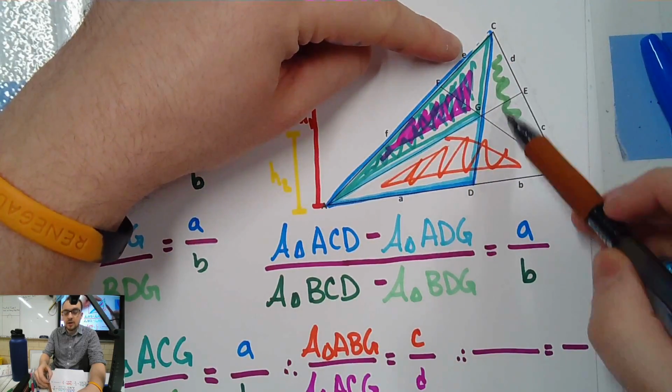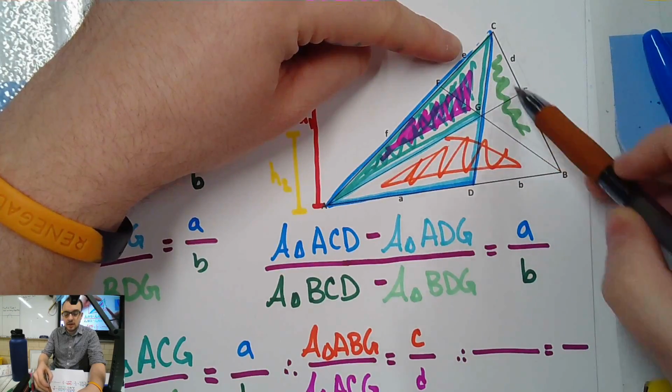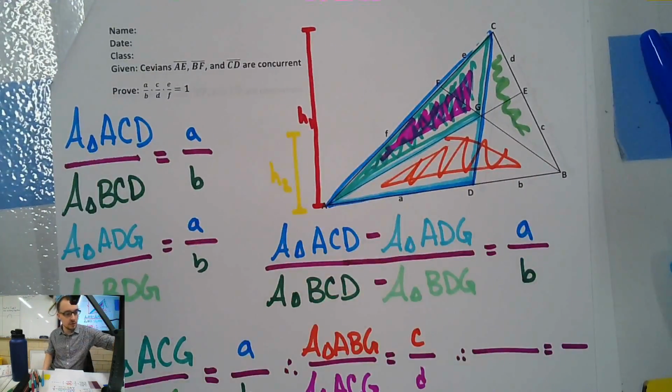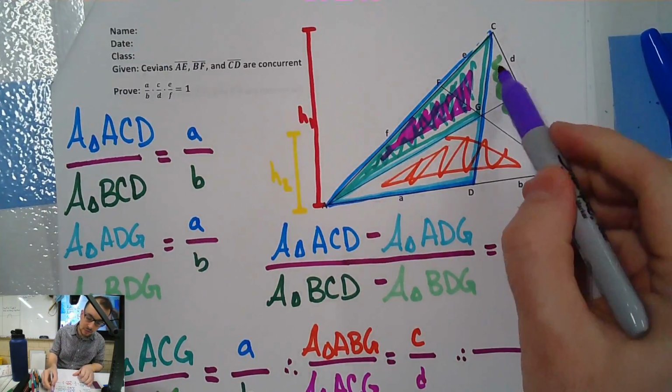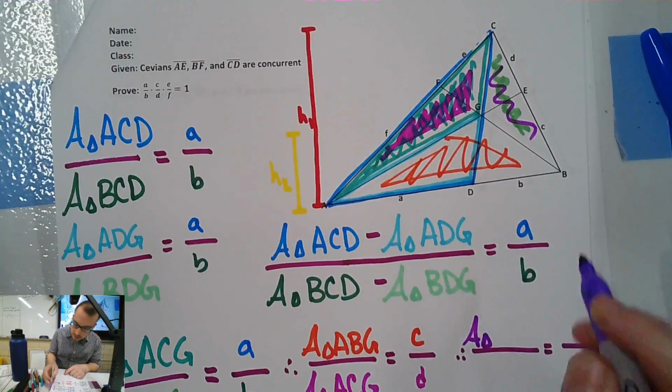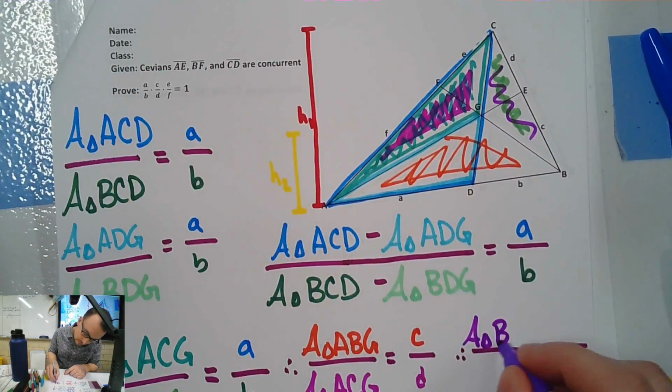Well, it's this guy over here, right? So this guy over here must go with E. So I'll write that out. I'll do it in purple. I know he's green already, but we'll do it in purple. Let's do area of triangle BCG. So G should go with E.